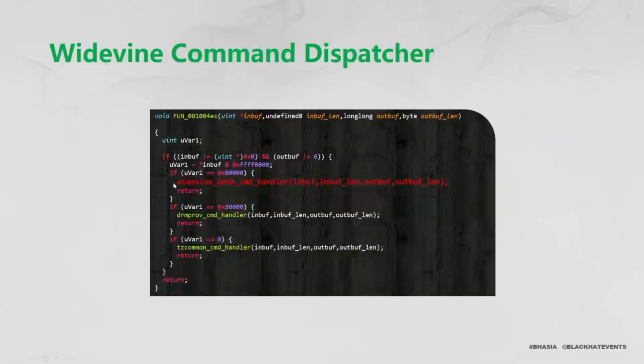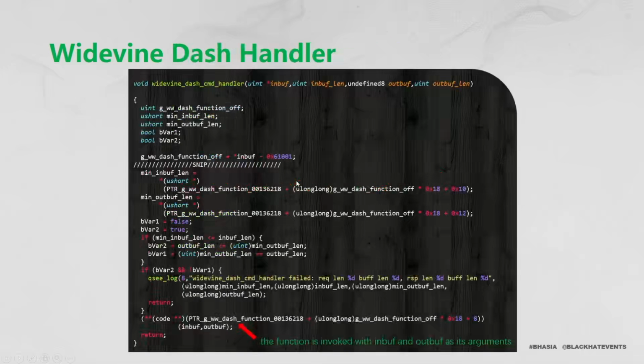Okay, we are going to take a look at how a user command is processed in Widevine. And here is the entry. This is the user command buffer and its length, and the result from the TA and its length. And we'll look into this function, the command handler.